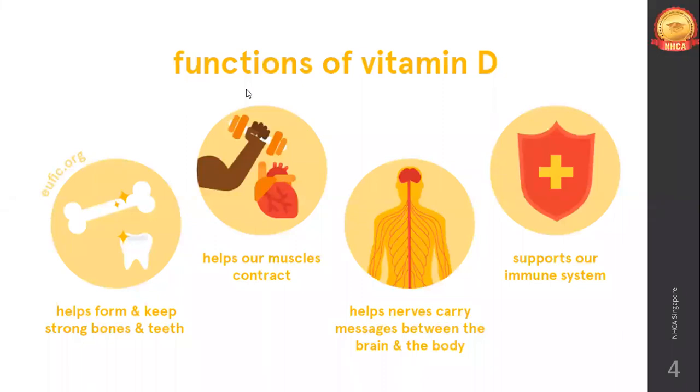It helps to form and keep your bones as well as teeth healthy. Why? Because vitamin D3 is the one hormonal vitamin that will make sure the intestine, your small intestine, is absorbing enough amount of calcium as well as phosphorus.